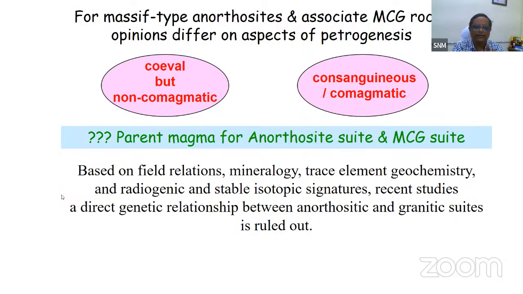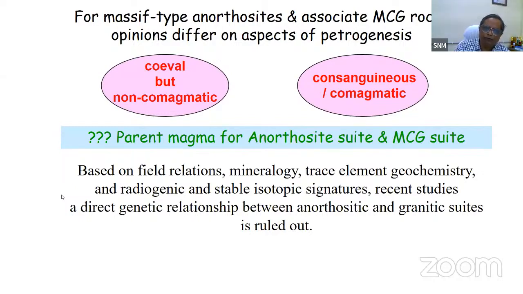So works across the world, including some of our works also, indicated, based on field relations, mineralogy, trace element, and radiogenic and stable isotope studies, that there is no direct genetic link between these anorthositic rocks and the silica-rich granitic or mangeritic rocks, but they are coeval in nature.